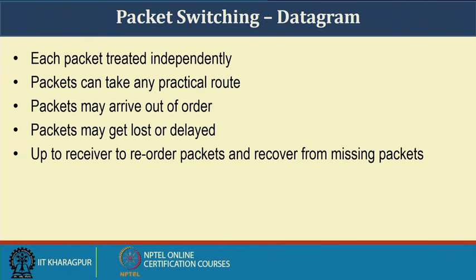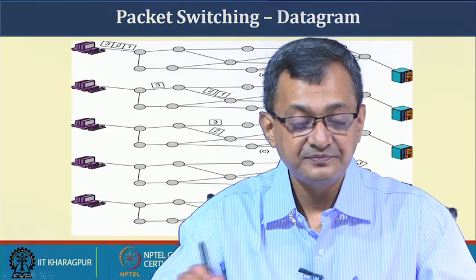So, the receiver sequences them, and if there is a missing packet, the receiver can take an appropriate mechanism, like requesting retransmission of the packet and so on and so forth. That has to be done by the receiver end.